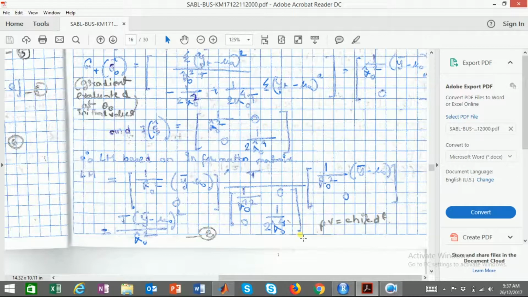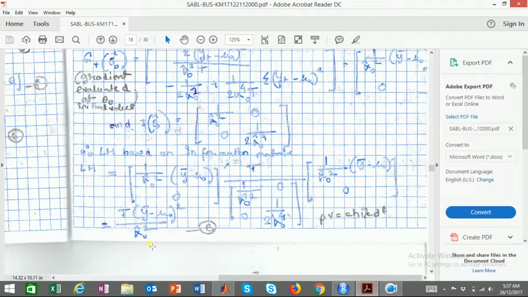That's all. Then simply solving it, we have T (y minus mu naught) whole squared by sigma naught square. Okay, the p-value is from the chi-square distribution. You might need chi-square distribution for this problem.